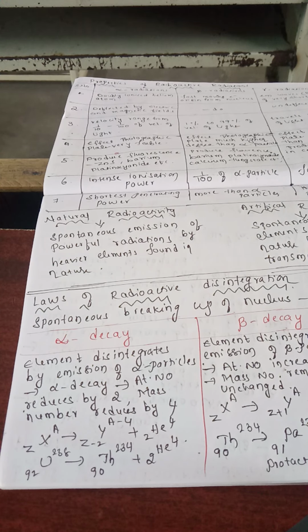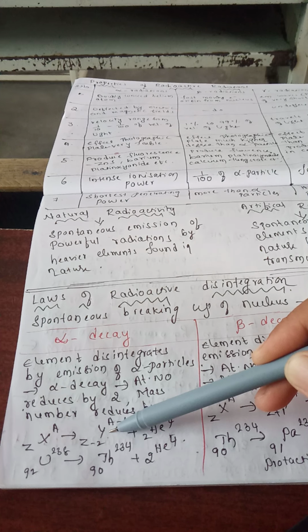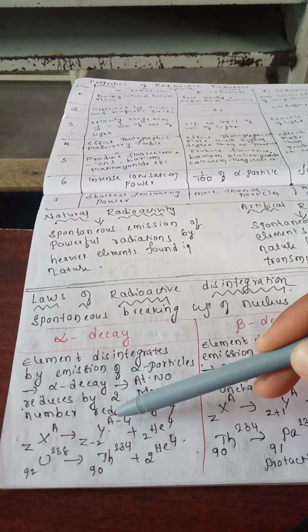Here XZA, where Z is the atomic number and A is the mass number, is the parent nuclide. By emission of an alpha particle 2He4, it converts into a new nucleus. This new nucleus formed is the daughter nucleus, whose atomic number decreases by 2 and mass number decreases by 4.